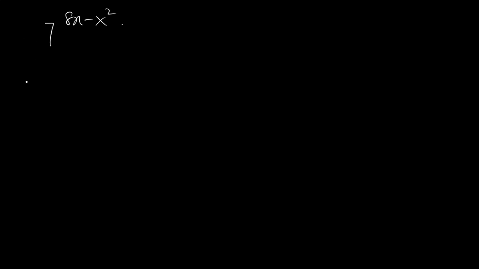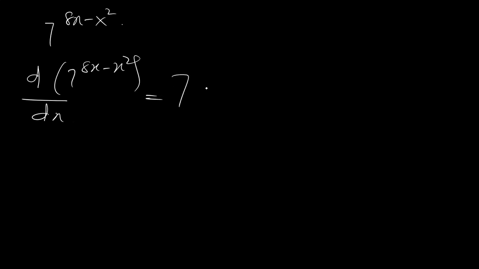The derivative of this with respect to x will just be 7 to the power 8x minus x squared times the derivative of the exponent up here, which is 8 minus 2x, times ln 7.